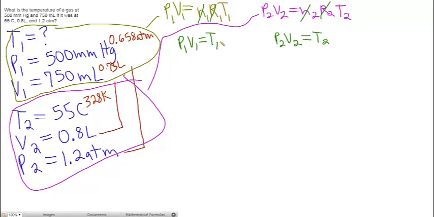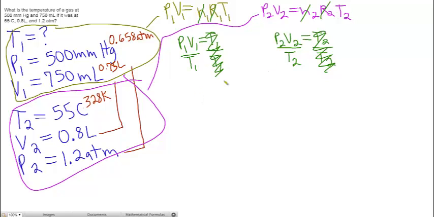Now we can't make these guys equal each other right away, but we can always modify them like we did last example. Divide both of these by T2, and that gets rid of the T2 on that side. Divide both of these guys by T1, and that gets rid of the T1 on that side.